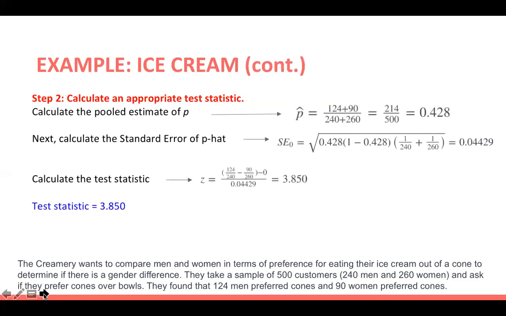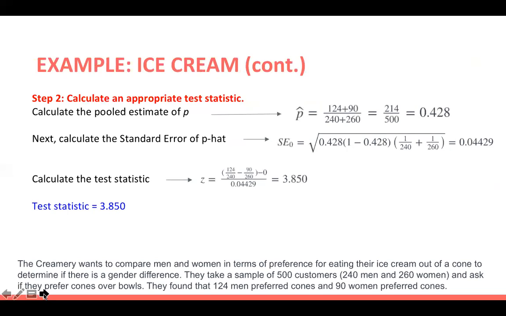So now our next step is to calculate a test statistic. So first we have to calculate our pooled estimate of p. Once we have that, we calculated a pooled estimate of p using the formula from 2 slides over. We get a pooled estimate of 0.428.